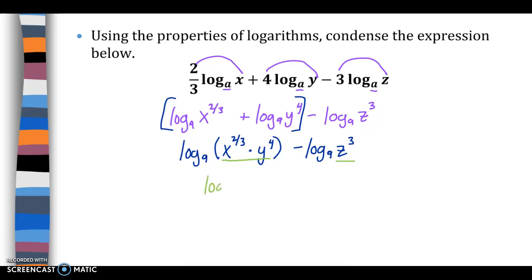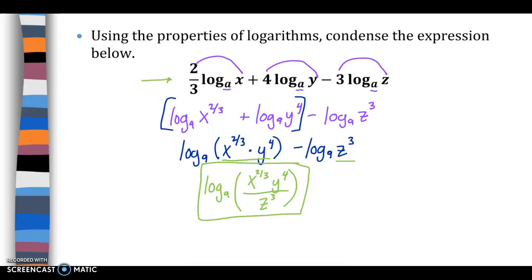So I'll end up with log base A of the numerator, x to the 2/3, y to the 4th, divided by z cubed. And that is how I condense this beginning expression down into one single logarithm.